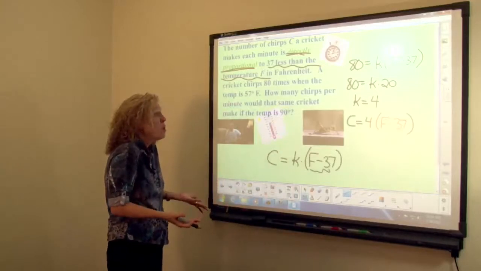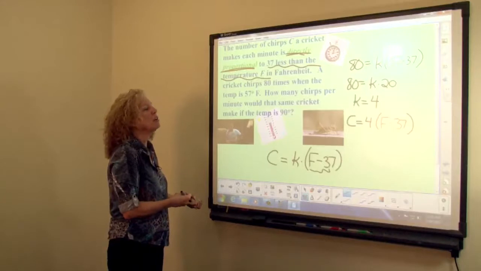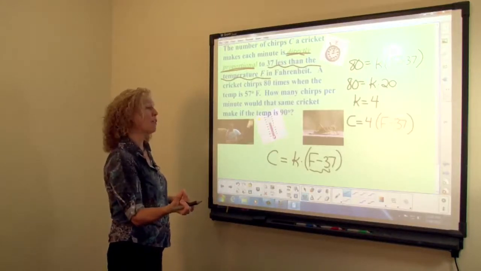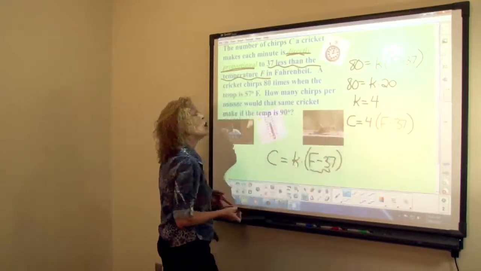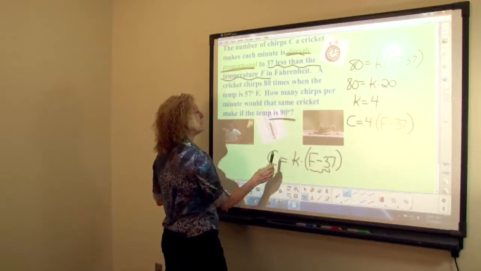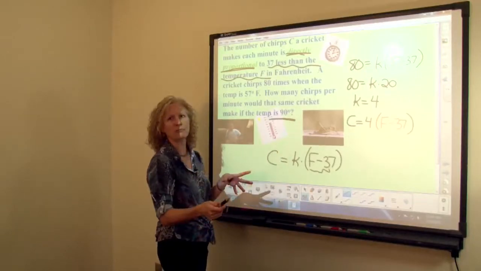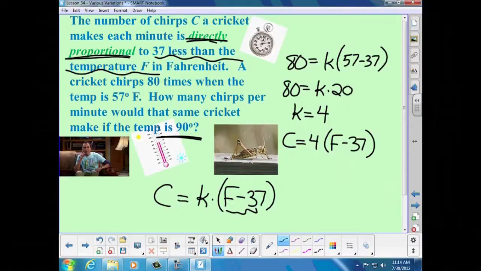So now, if I want to know how many cricket chirps I should hear, I look at my temperature, or if I want to know what my temperature is, I count my chirps and I put it in here, whichever you want to do. Question is, what if the temp jumps up to 90, or heaven forbid, like yesterday in Springfield, 106? We can put that 90 in right here for my Fahrenheit.